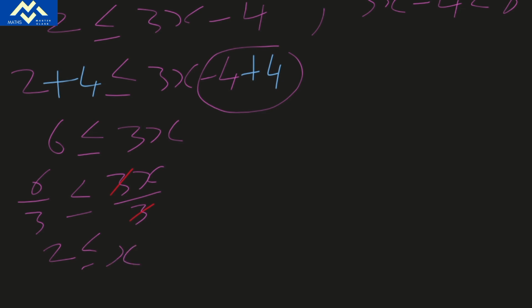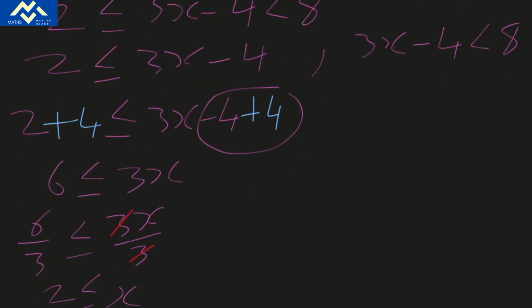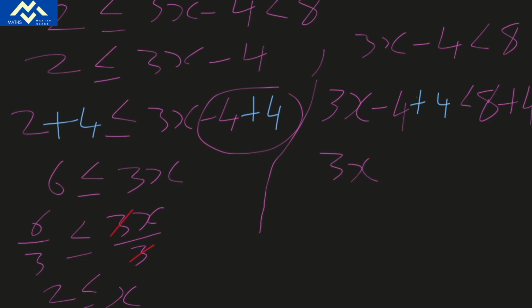Now let's solve the second inequality. Add 4 to both sides. That gives us 3x less than 12.